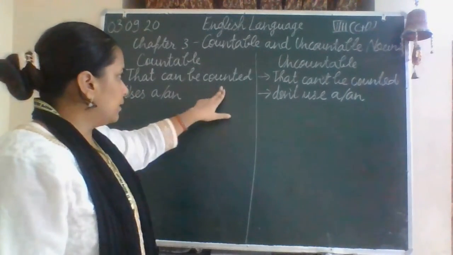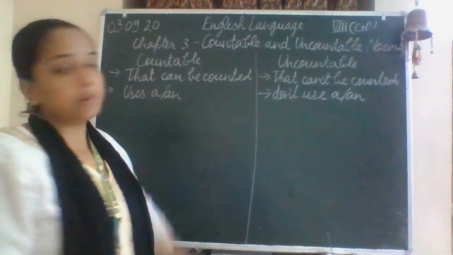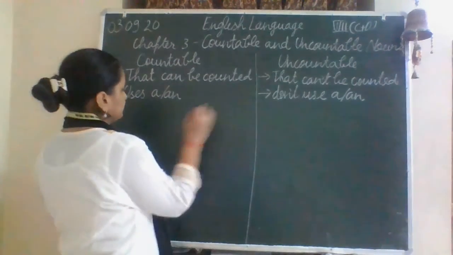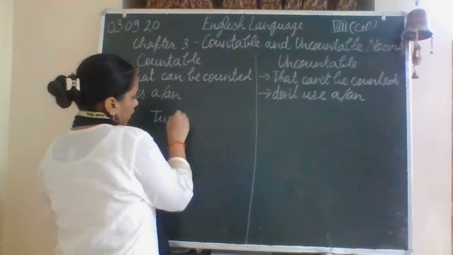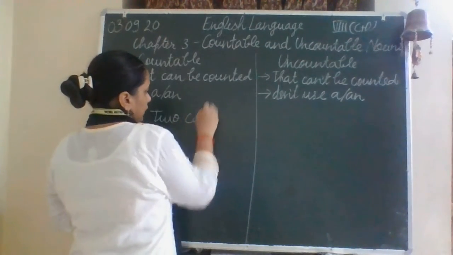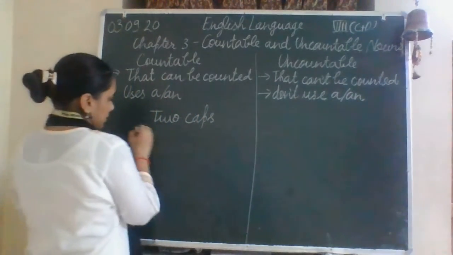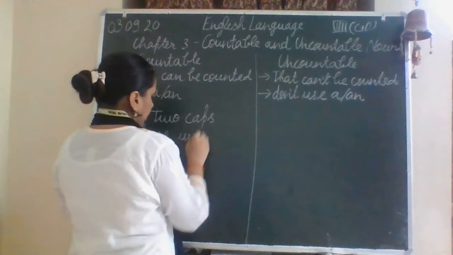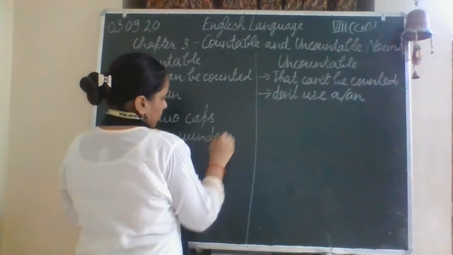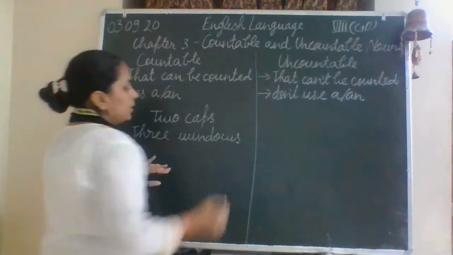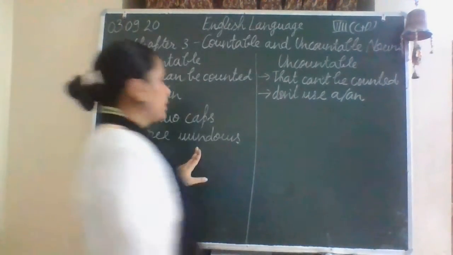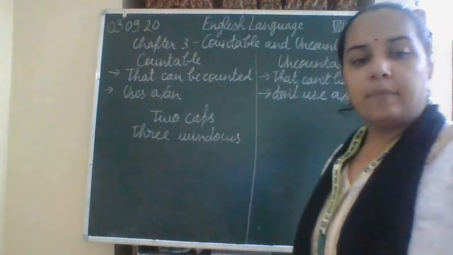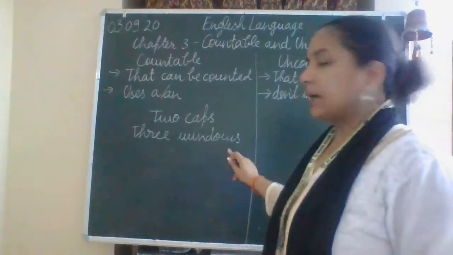So if we talk about the examples for the countable noun and the uncountable noun: two caps, three windows. Here we can count the things, the number of caps we can count, the number of windows we can count.